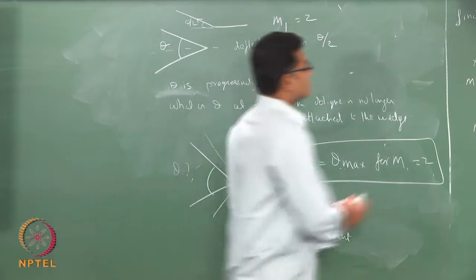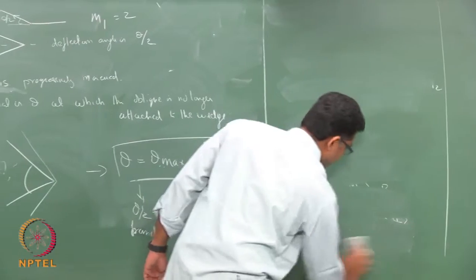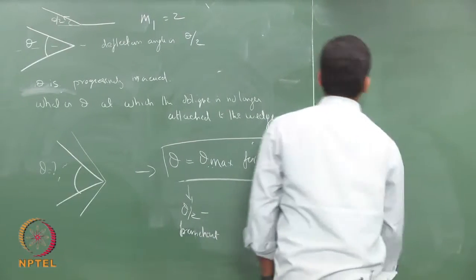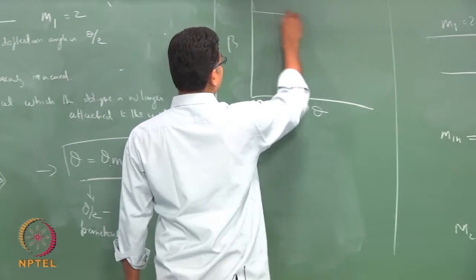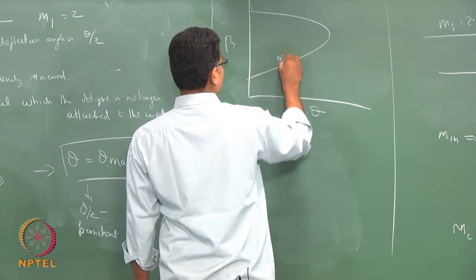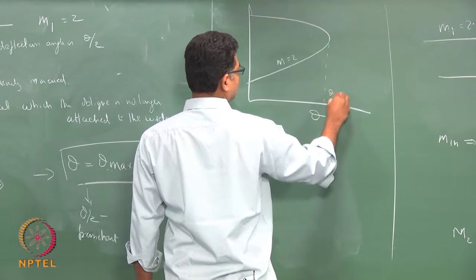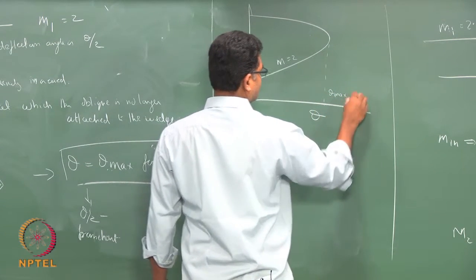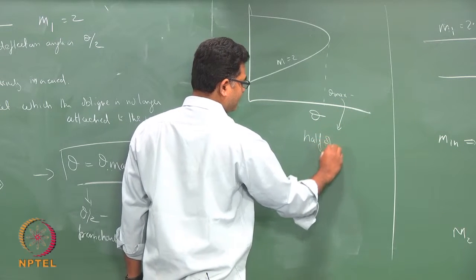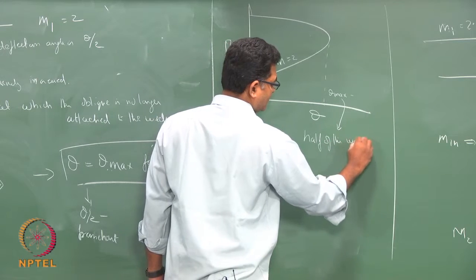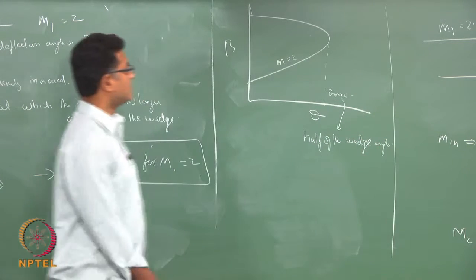Okay. So all I need to do is go to the theta beta chart. I have this M equals 2 curve, find this angle which is half of the wedge angle. Okay.